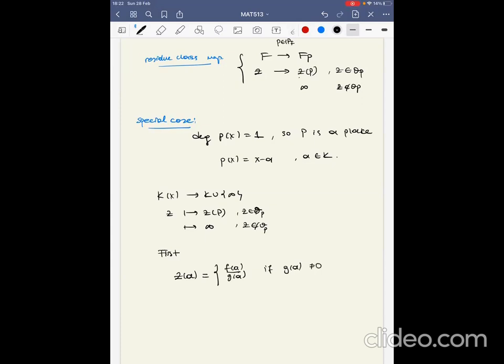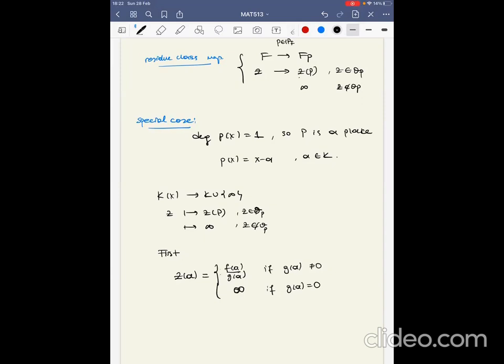We define it as the evaluation of each polynomial. And if the denominator is zero, we set it to infinity.